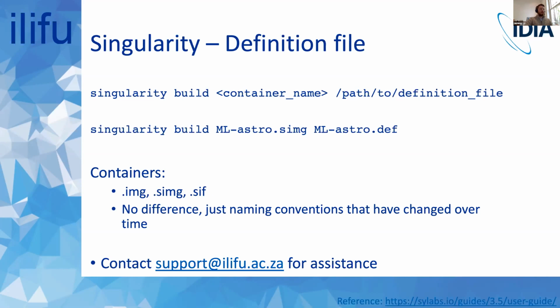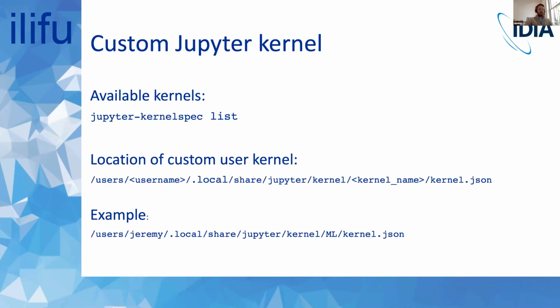One of the useful things, if you have built your own container and set up a software stack that is compatible with the Jupyter environment, is that you're able to use your container and that software stack as a kernel in Jupyter for development.